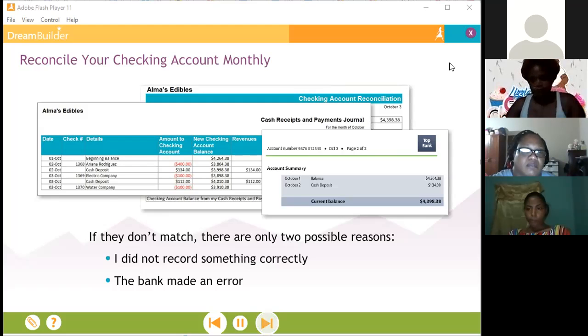All right, and then you also want to look at monies that left the account. So monies that were taken out. Typically, these would be monies that you would have used to pay for something.